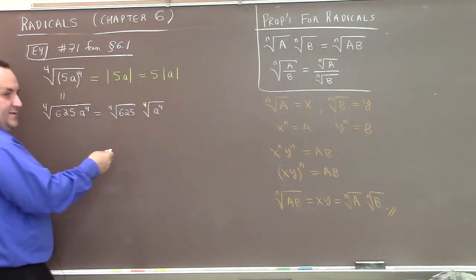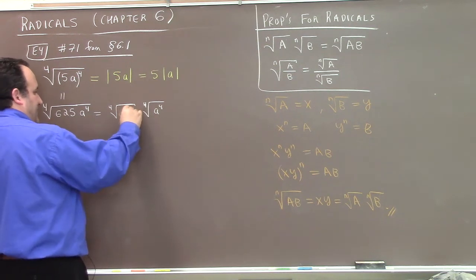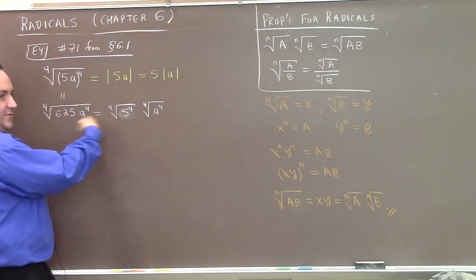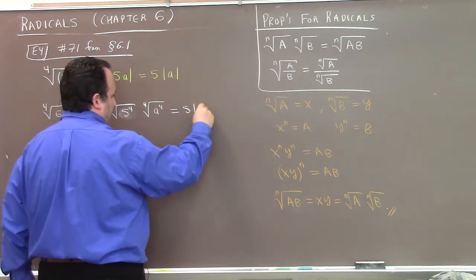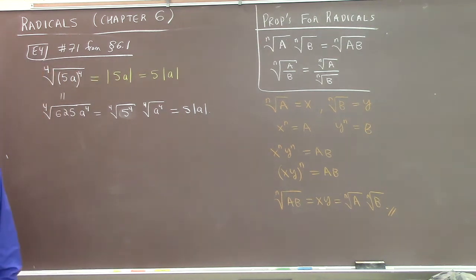Of course, I'm just being dumb. This is 5 to the fourth, yeah? So the fourth root of 5 to the fourth is 5 again. And so you still get the same answer. It's just, I wanted to make more work of it. My bad.